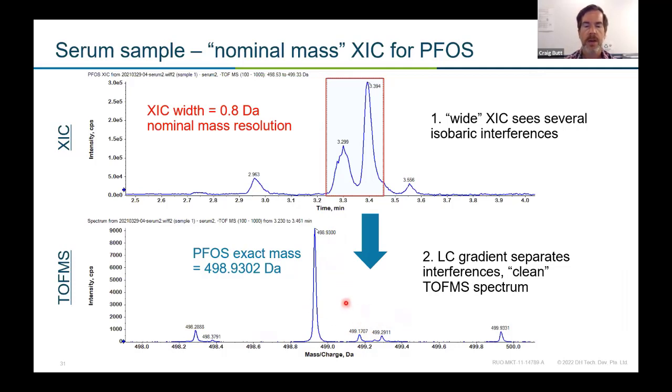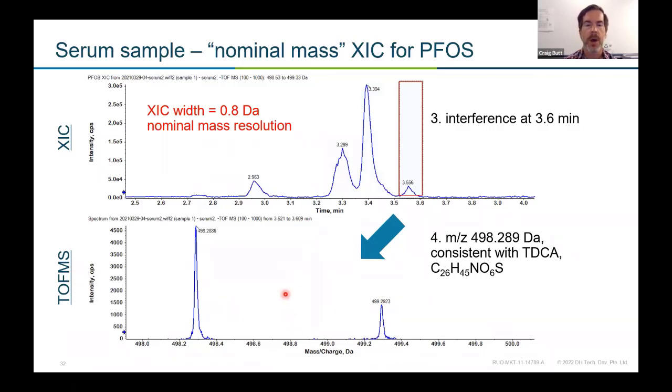And so if we were only looking at it from a nominal mass perspective, right, at 0.8 mass resolution or even 1, then all of these interferences would be seen. But because we have a high resolution accurate mass instrument, we can actually mass resolve those out. And then if we only look at the specific mass of PFOS, right, we would obtain a clean spectrum.